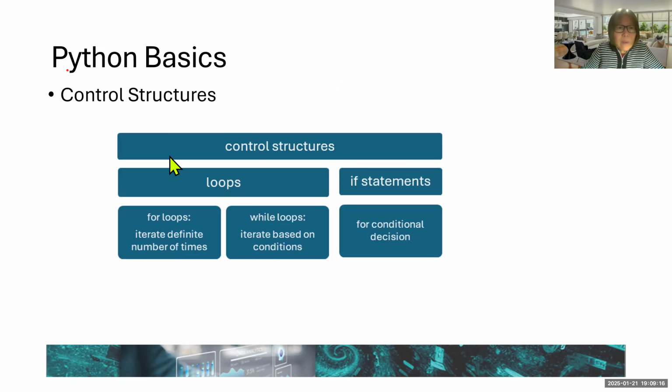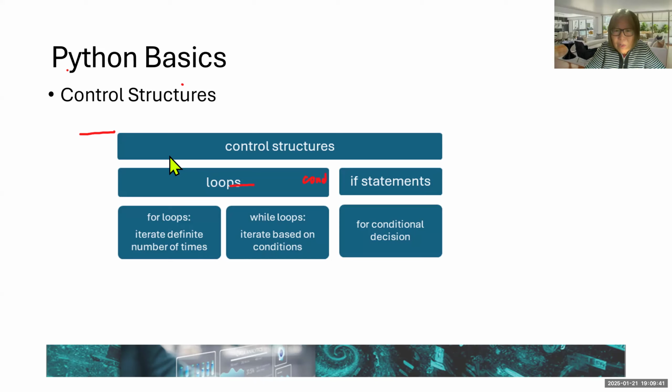Okay, and then we just mentioned a code block. One code block is used for control structure. So in programming language, generally speaking, there are 2 kinds of control structure. Normally, we learn the decision-making, conditional control structure.